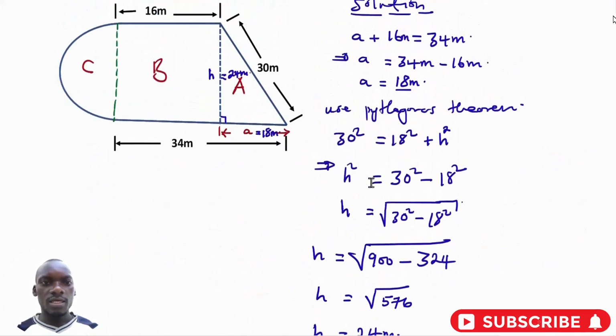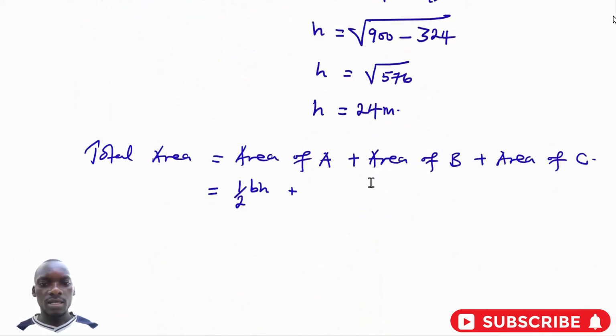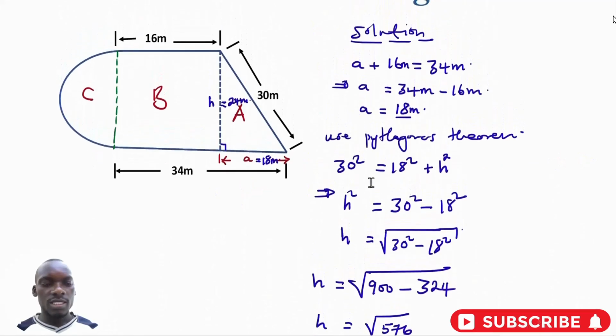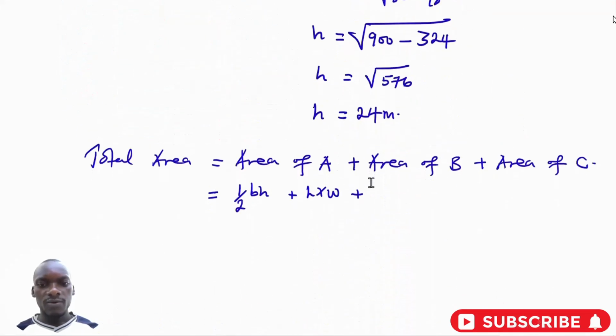For B, it is a rectangle, for which the area formula is length multiplied by width. Then the portion C is the semicircle, for which the area formula is a half pi r squared.